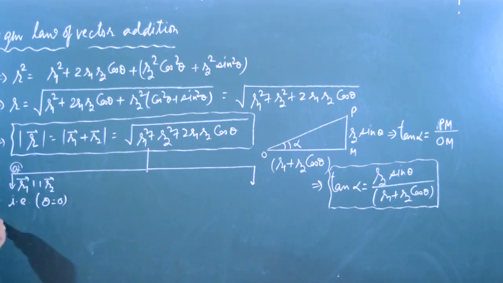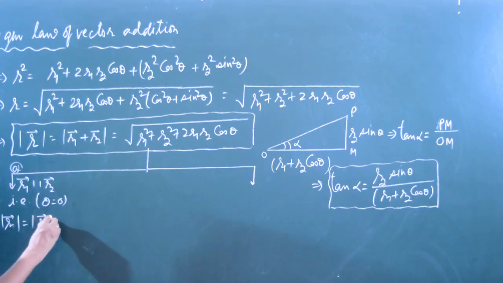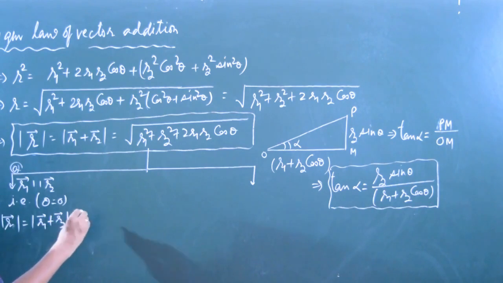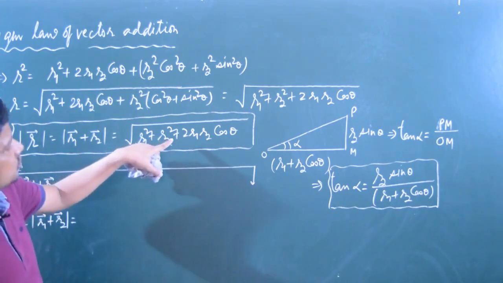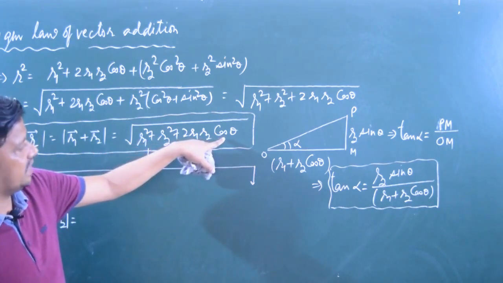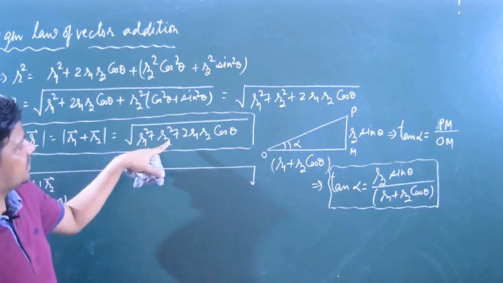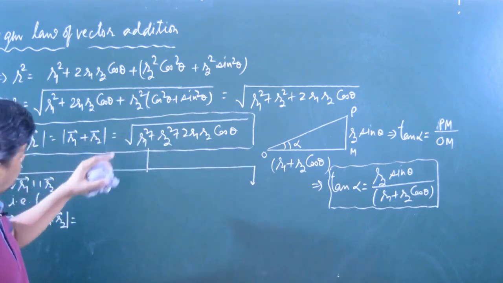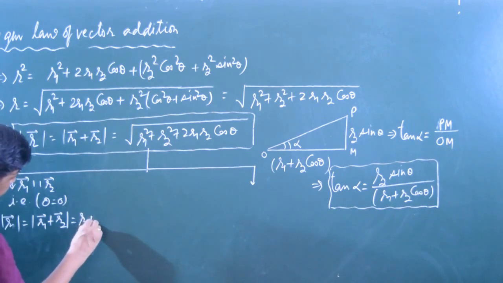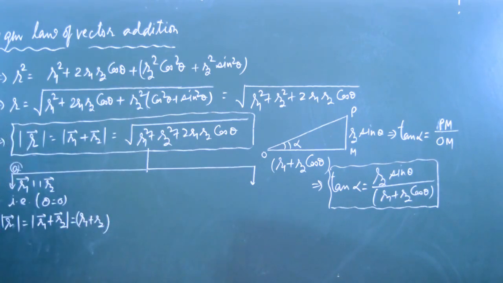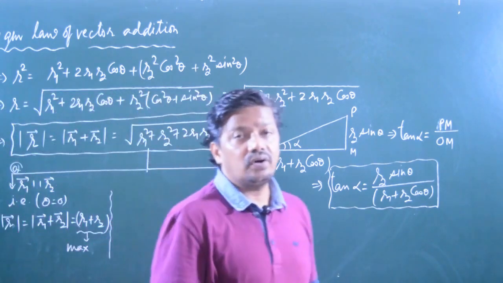If theta is 0, then see magnitude of the resultant, that is mod of R1 plus R2, that is equal to root of R1 square plus R2 square plus 2 R1 R2 cos 0, and cos 0 is 1. So we get the result simply R1 plus R2. So this resultant this time is what? The maximum value.